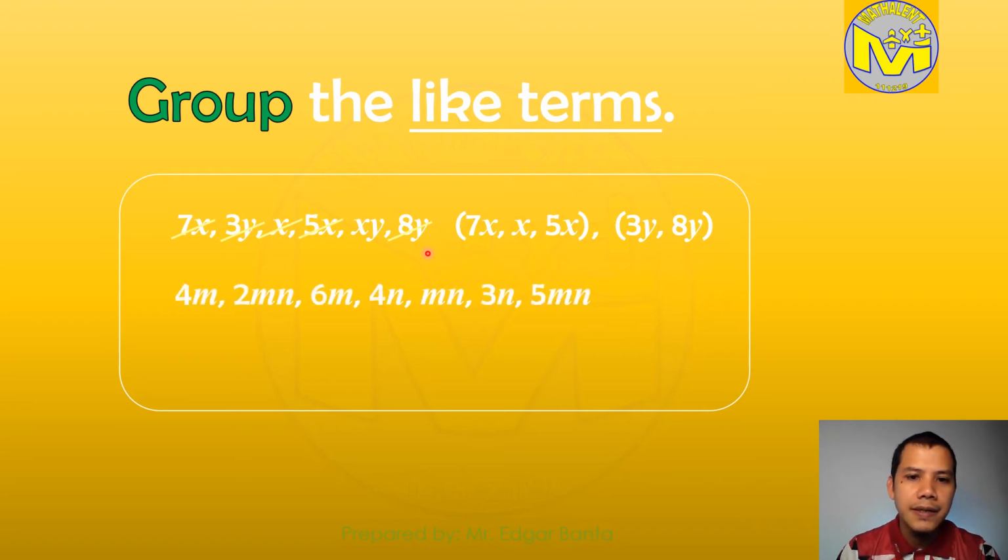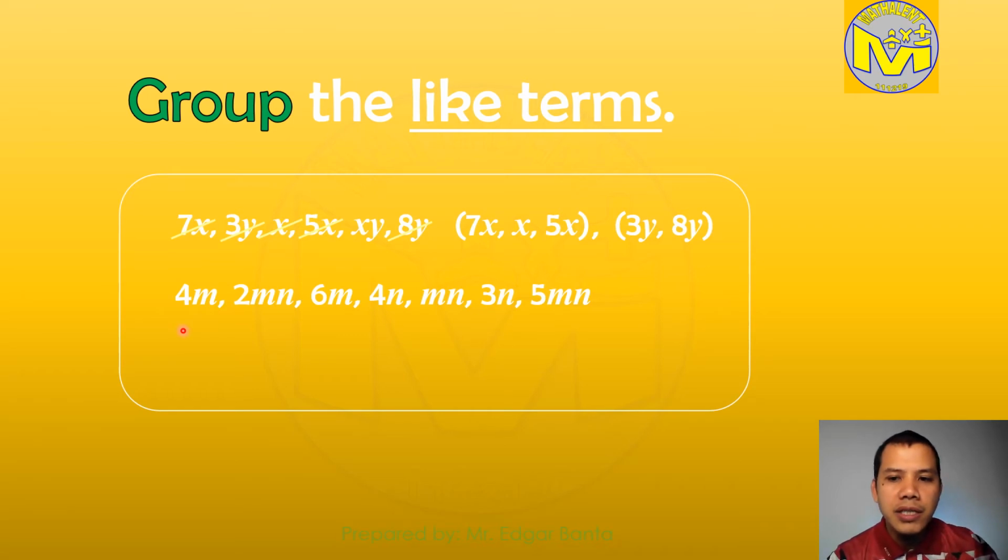Okay, next. How many terms are these? Let's count. 1, 2, 3, 4, 5, 6, and 7. We have 7 terms. How many groups? We have M group, MN group, and N group. Which is first? M, MN, or N?